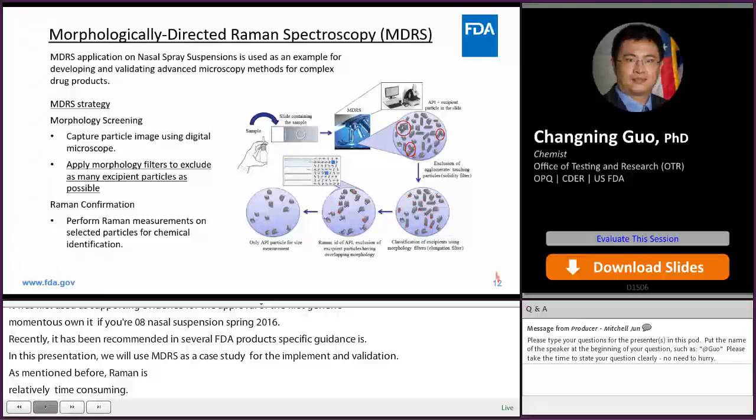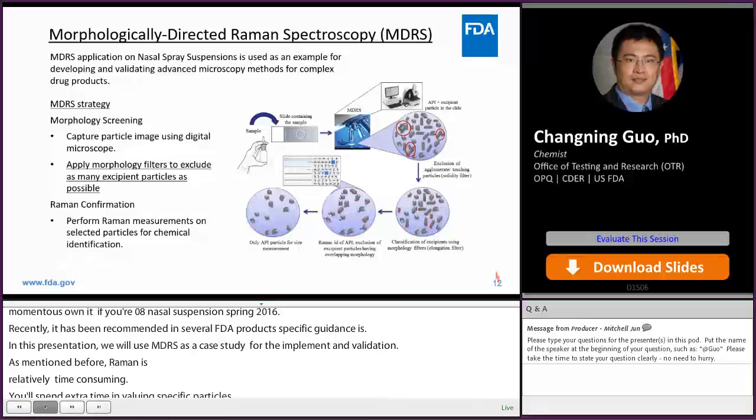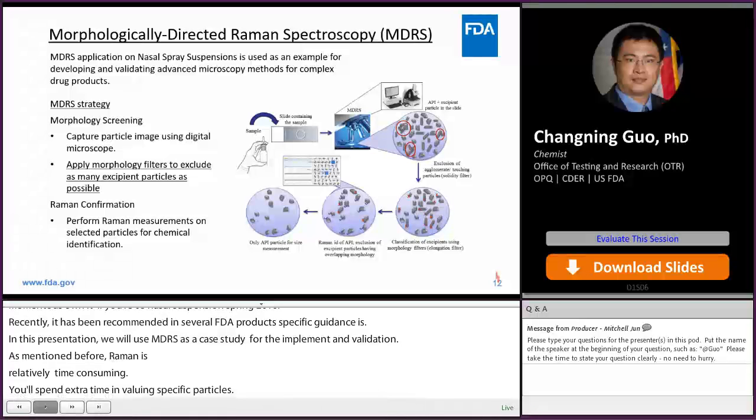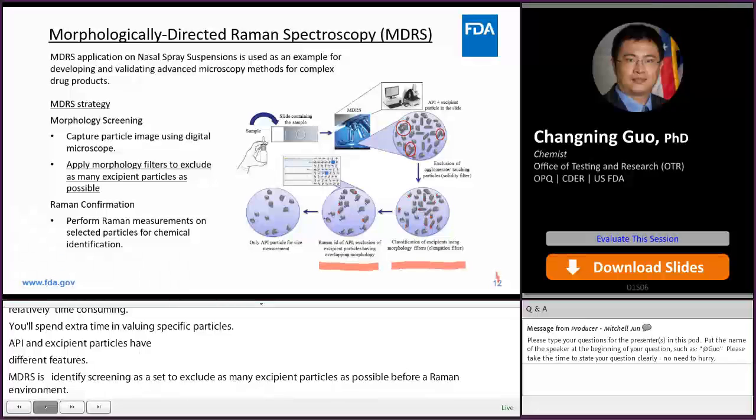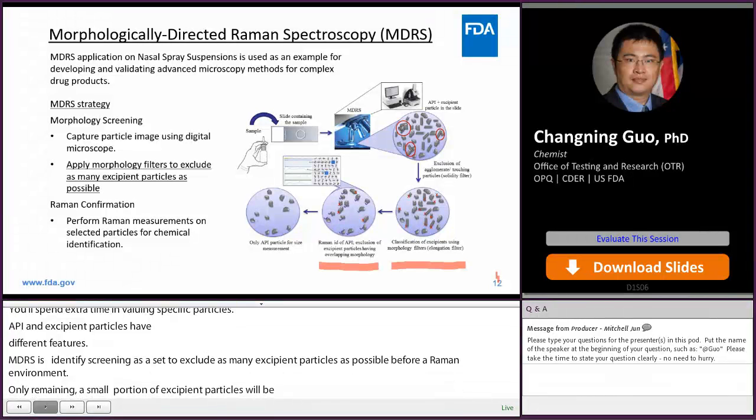MDRS utilizes morphology screening as the first step to exclude as many excipient particles as possible before any Raman measurement. Only the remaining small portion of excipient particles will be further excluded by Raman confirmation. Overall, because the majority of excipient particles are excluded from Raman measurement, the total MDRS measurement time is largely reduced.